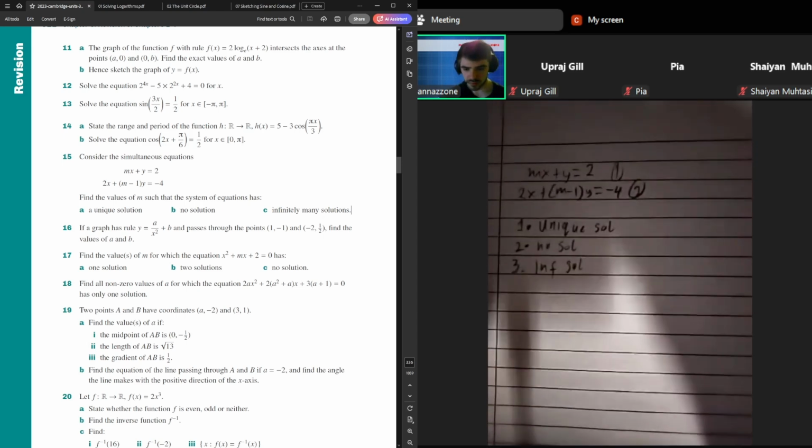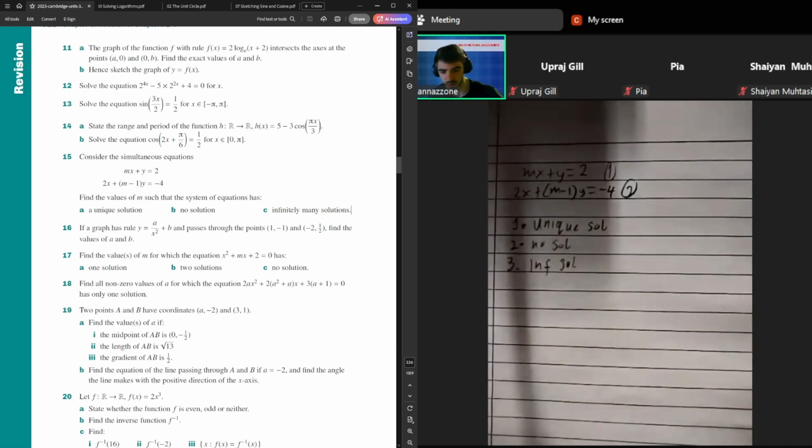So, before we even get into solving it specifically, does anyone know the criteria for unique, no, and infinite solutions? Unique has only one solution. Yeah. No solutions, as it says, there are no solutions in the two graphs. Yeah.